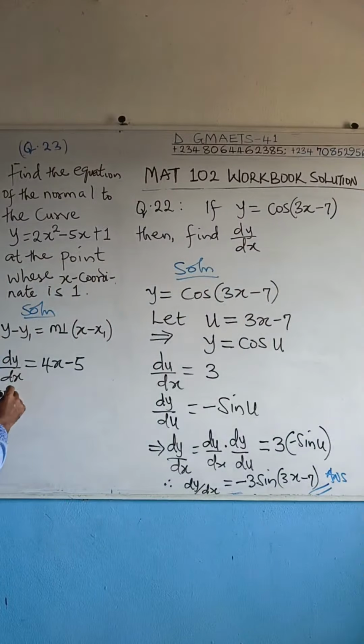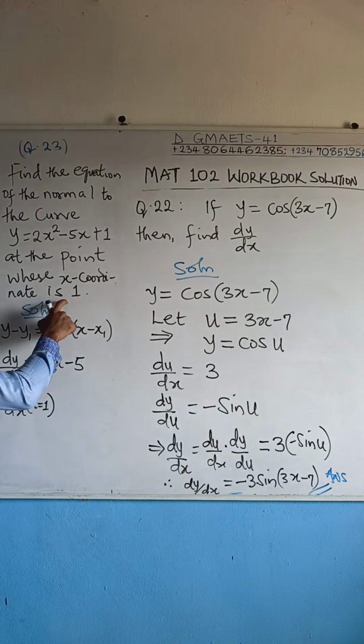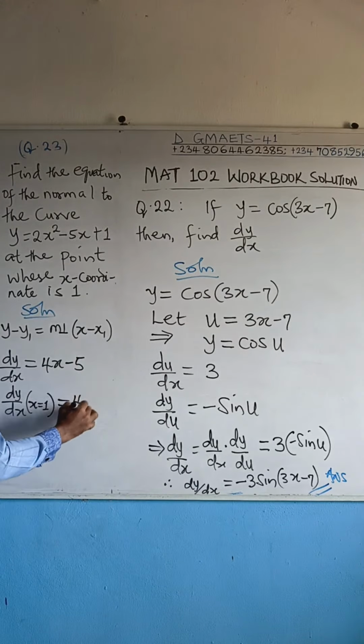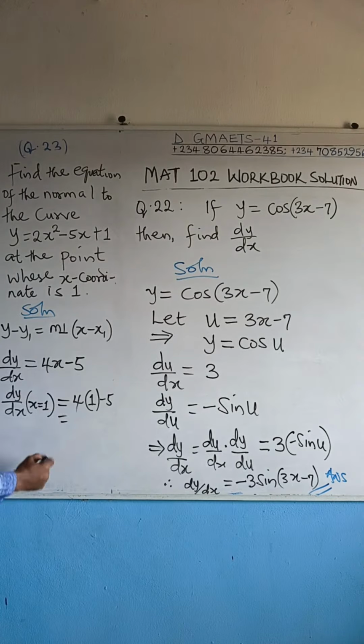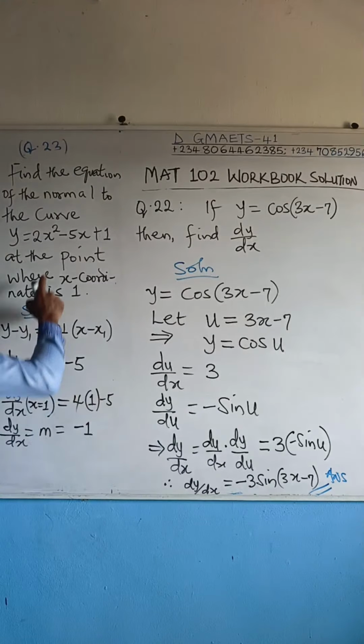I'll now obtain the value of this gradient at the given value of x, because this expression still contains x. dy dx at x equal to 1 will be equal to, wherever you see x, you fix 1. If you simplify this, dy dx, which is equal to m, the gradient of the straight line, will be equal to minus 1. We have gotten the gradient of the tangent to this curve.